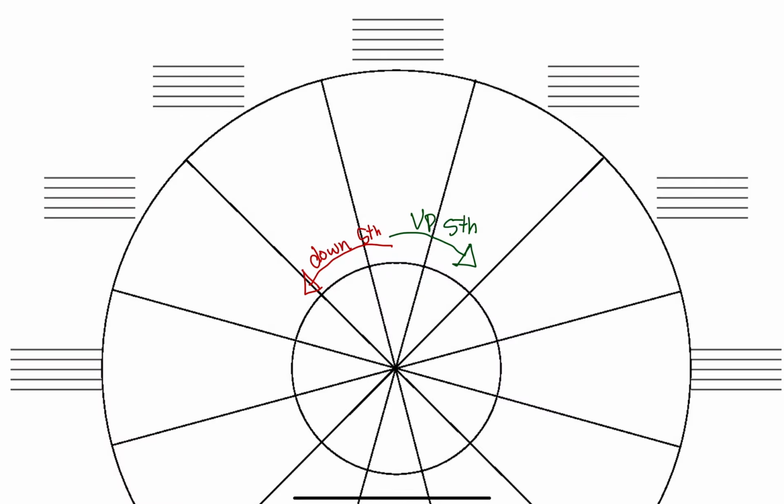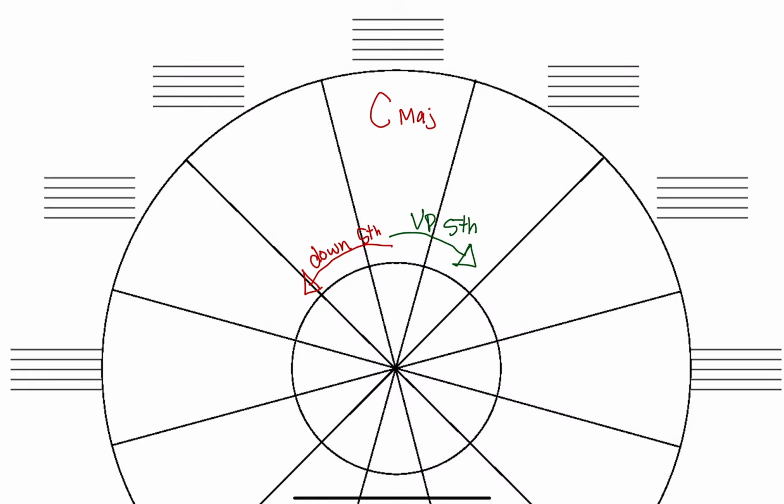So we're going to start here in the middle with C major. C has no sharps and no flats, so we don't have to do anything here. Now we're going to go forward a fifth to go clockwise.